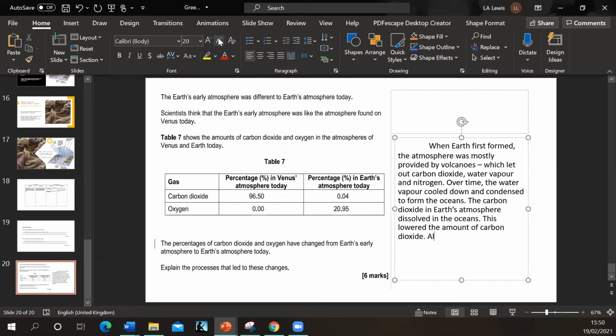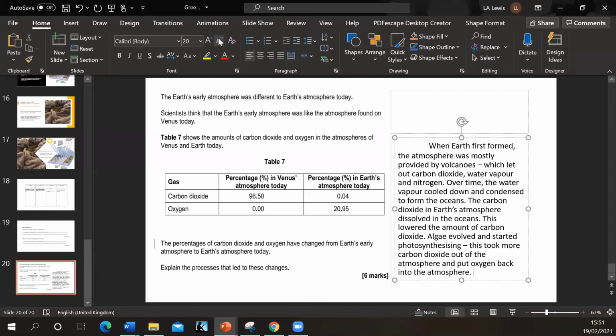Algae, so they're small plants, evolved and started photosynthesizing. This took more carbon dioxide out of the atmosphere and put oxygen, so that's why we've got so much oxygen, because of plants, back into the atmosphere.